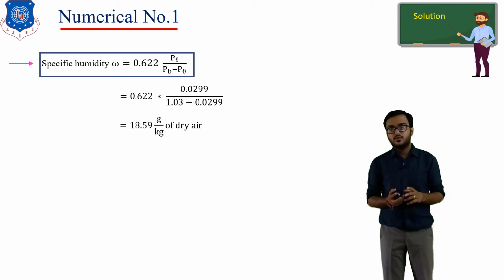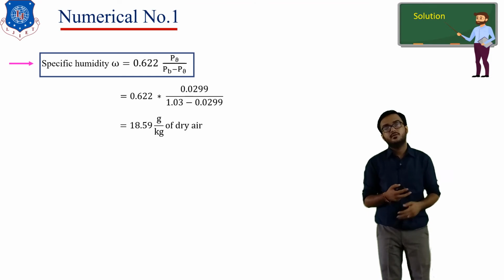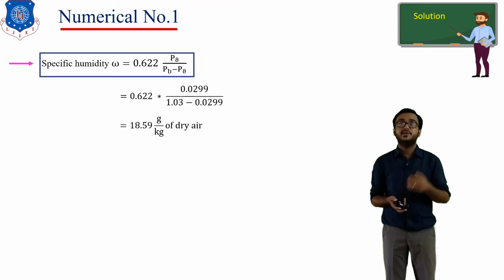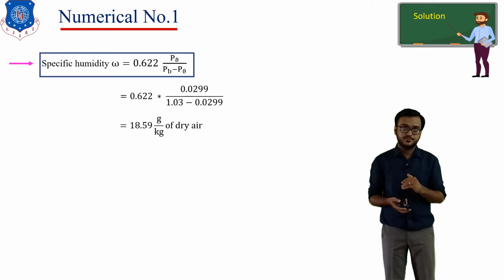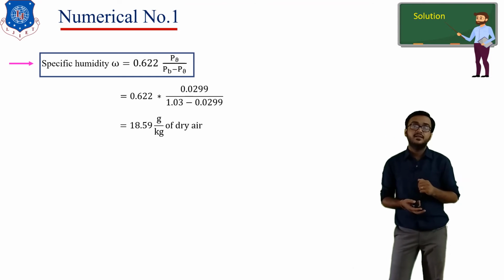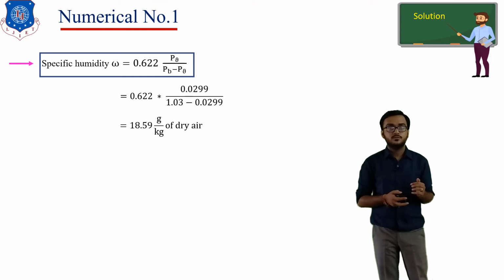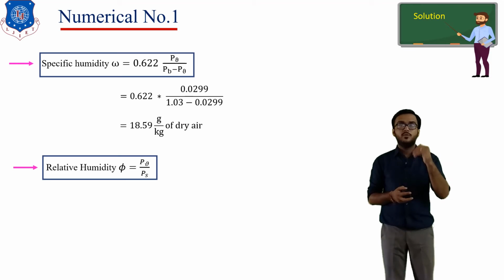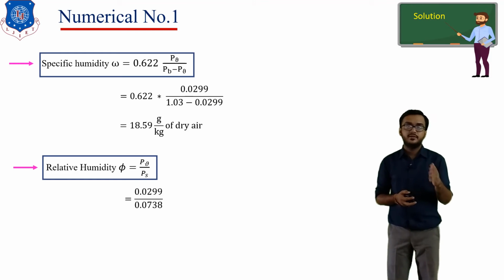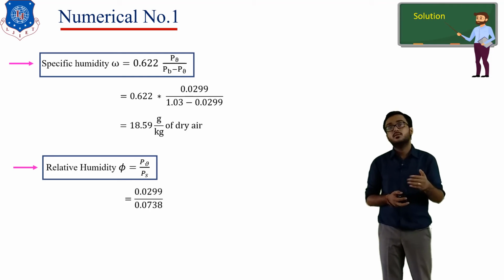So we have calculated dew point temperature as well as omega. Now it's time to calculate relative humidity. What do you mean by relative humidity? Relative humidity phi is equal to PV by PS, where PV is the vapor pressure and PS is the saturation pressure corresponding to the dry bulb temperature.